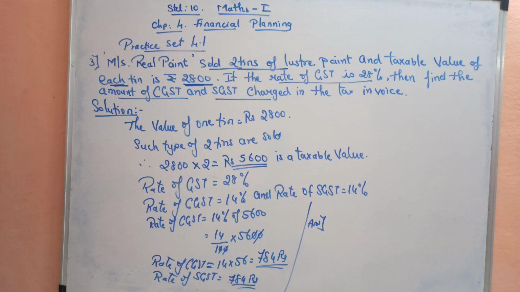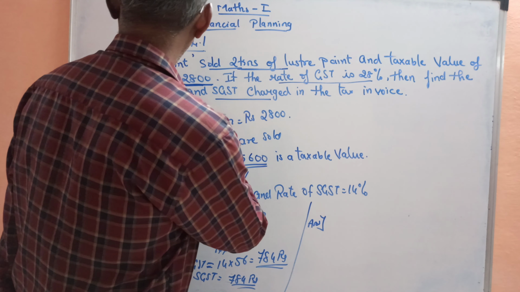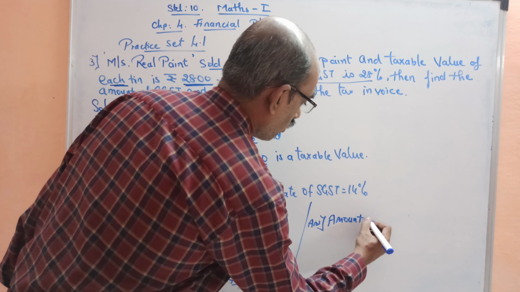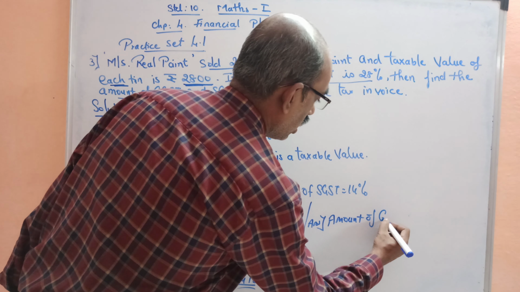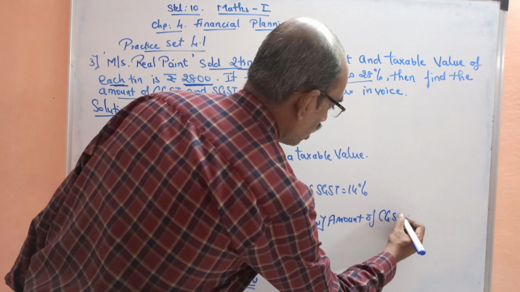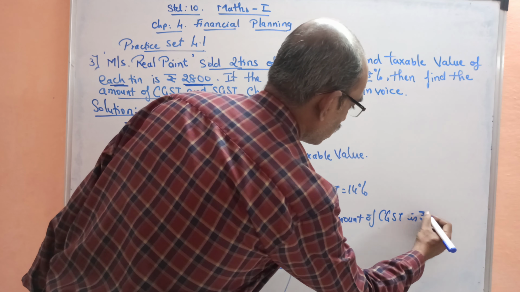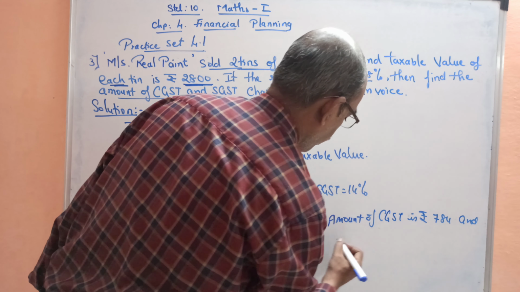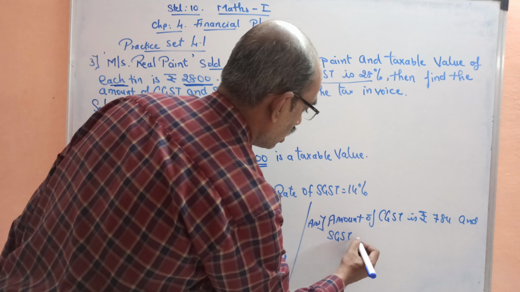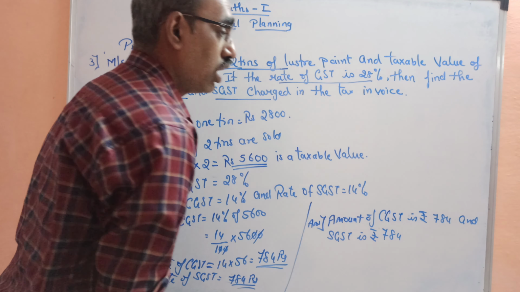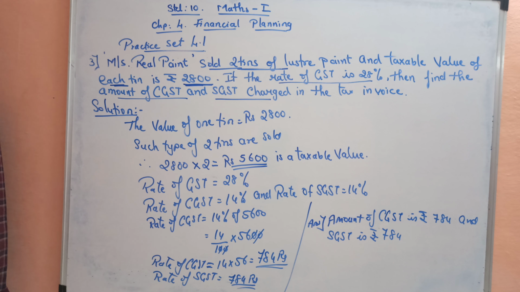So the amount of CGST is rupees 784 and SGST is rupees 784, as per the tax invoice.